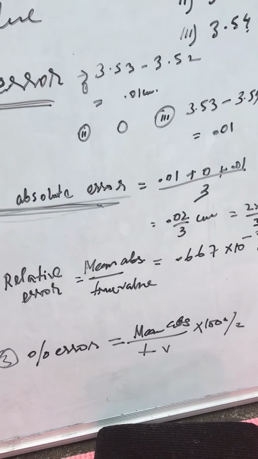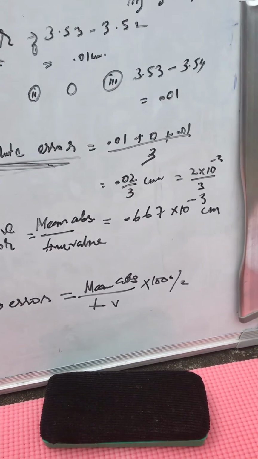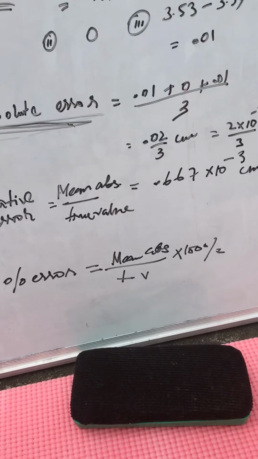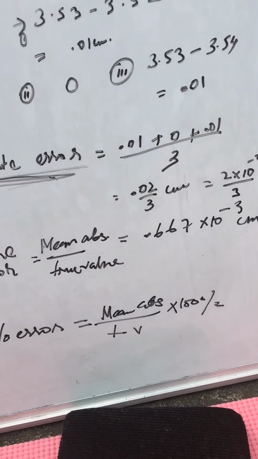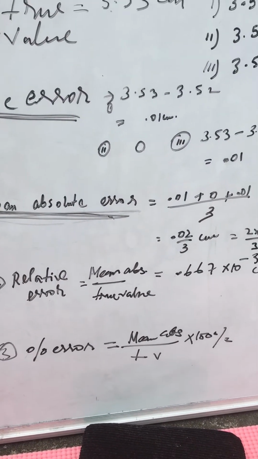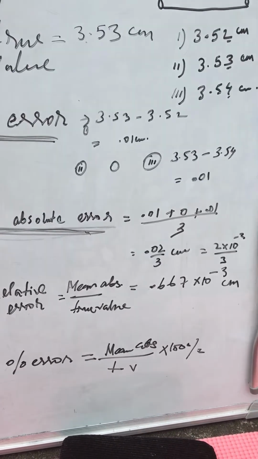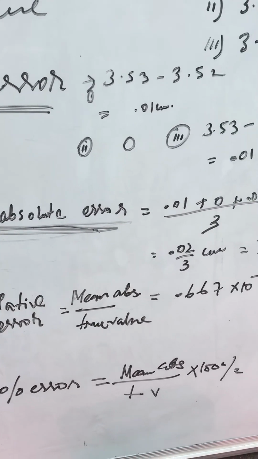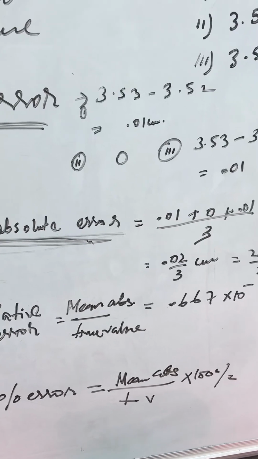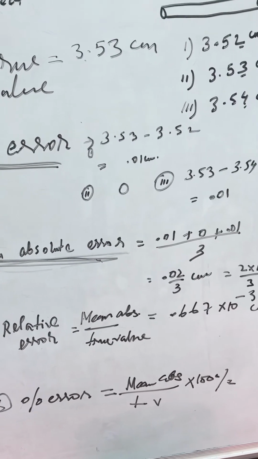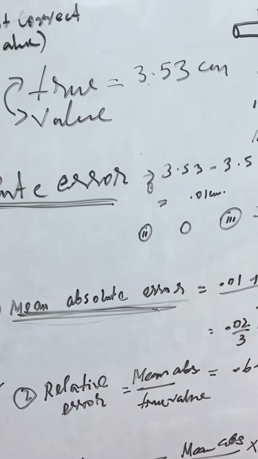Error is a measurement, so when we multiply by 100, it becomes percentage error. In the class note, I have given you one question to solve, so you can solve this.